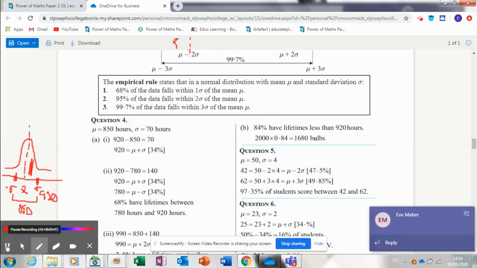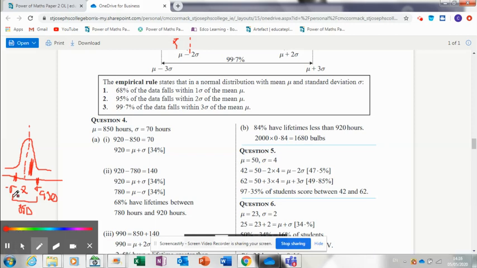Now the next question was, what percentage lasts between 780 and 920? Well, 780 is 850 minus 70. So it's between one standard deviation below and one above. So what percentage is all of that? Well, it's 68%. Longer than 990? Well, 990 is out here.